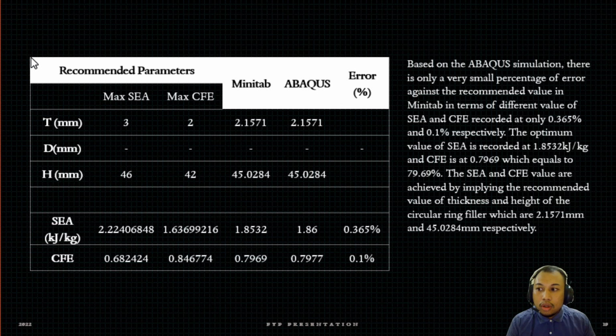I have compared the result of Minitab and Abaqus to determine the error percentage by implementing the parameters recommended by Minitab into Abaqus and determining the SEA and CFE value produced. The result showed that the error percentage is really small, which shows that this result is usable, as the percentage is only 0.365% and 0.1% for SEA and CFE respectively.